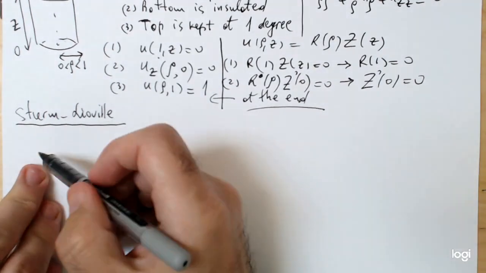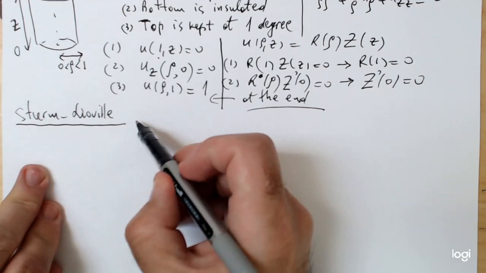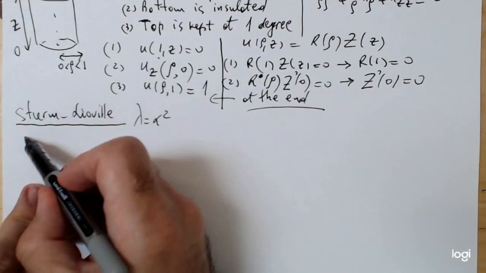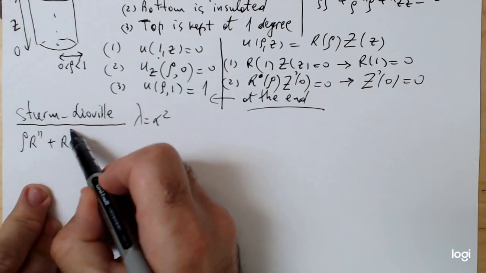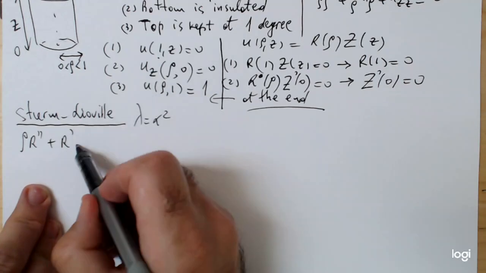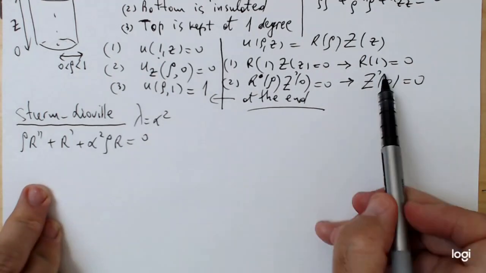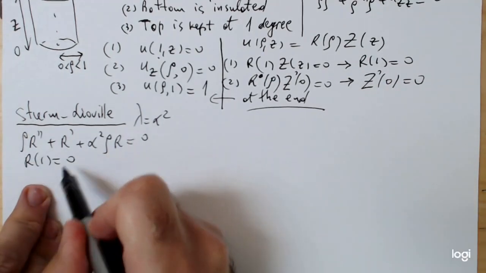So assuming the separating constant is given by minus alpha squared, just like before, if you want to take a look at the previous part, you can do it, but you're going to arrive at this equation in R, and the relevant boundary condition is R of 1 equals 0.